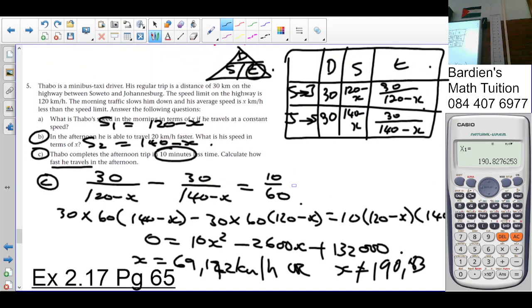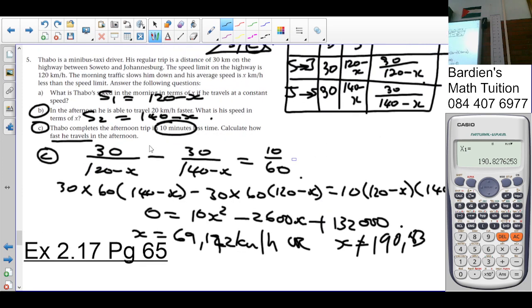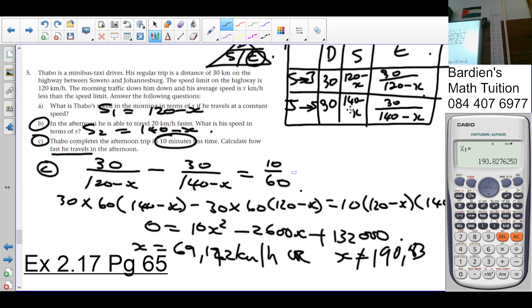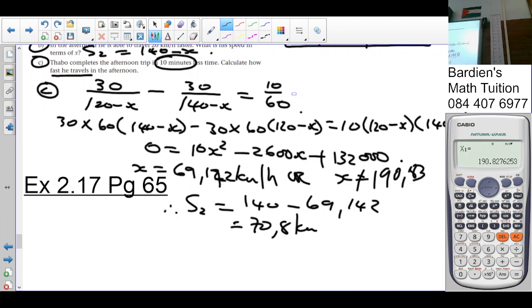S2, speed in the afternoon, is represented as 140 minus x. So therefore, the speed in the afternoon is going to be 140 minus 69,142, which gives me a speed of 70,8 kilometers per hour.